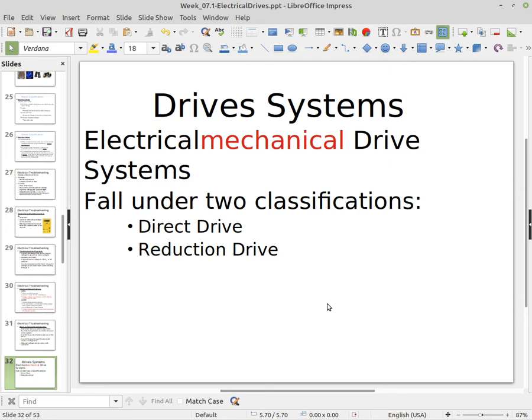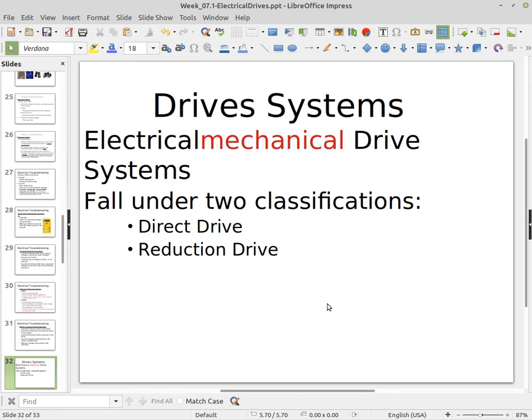Alright, so as already talked about, we need to transmit that energy. And so if we have an electrical motor, we'll have electrical wires connecting from our power source to the electrical motor. But the electrical motor then is going to give us mechanical motion, and so from there we have to have another system to drive the mechanics of it.